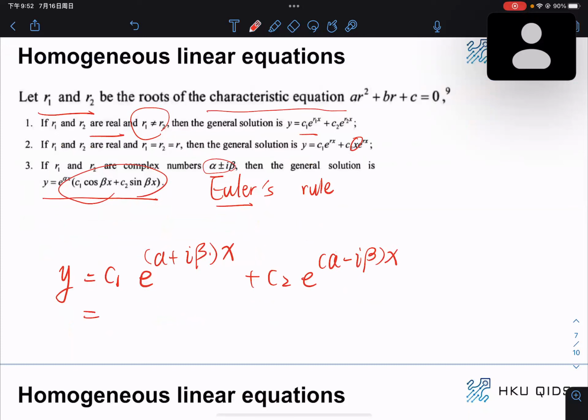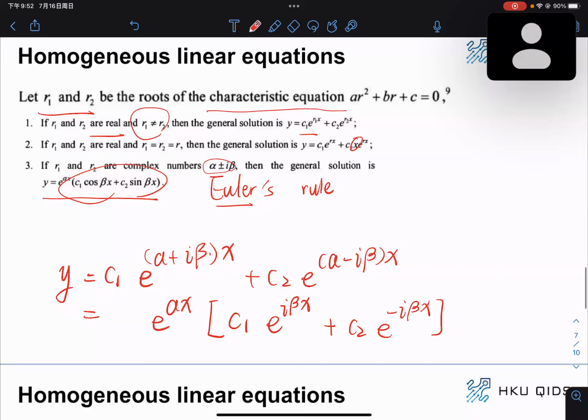And then by the characteristic of exponential functions, we can separate them, since we both have e to the ax here. So this is going to be c1 e to the i beta x plus c2 e to the negative i beta x, right?